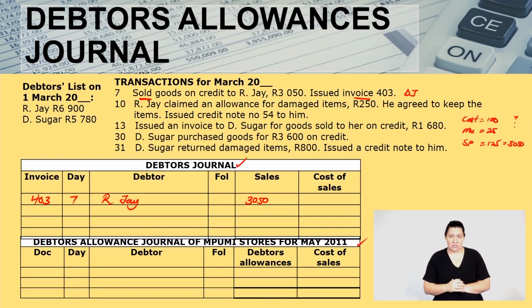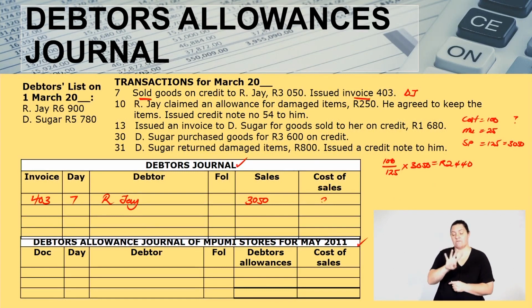We want the 100. So what I want is 100. What I have is 125 multiplied by 3,050. Okay, dear learners, please punch that in your calculators. How much do you get? 2,440. Thank you. So I'll come here, my cost of sales becomes 2,440.